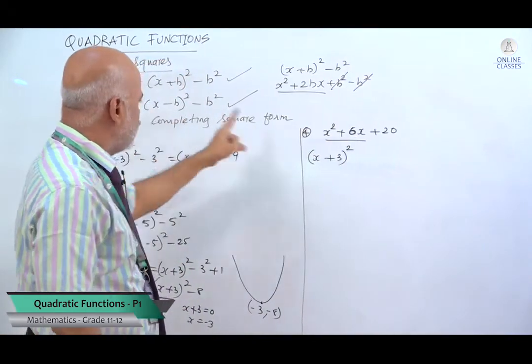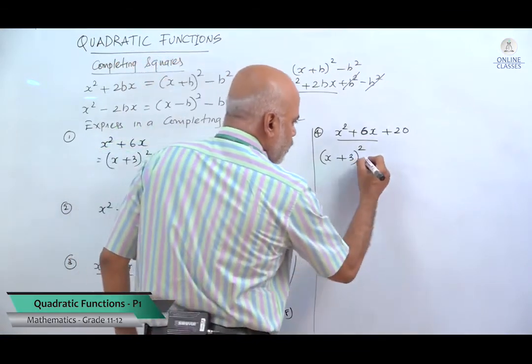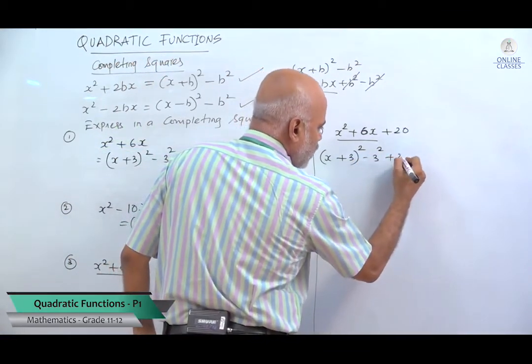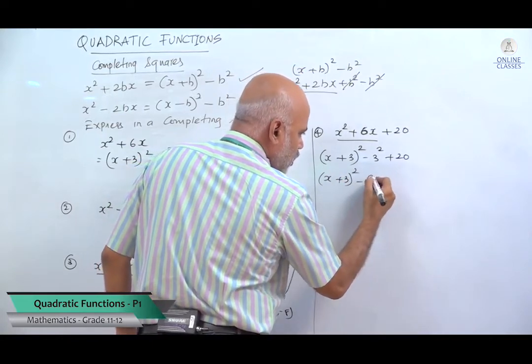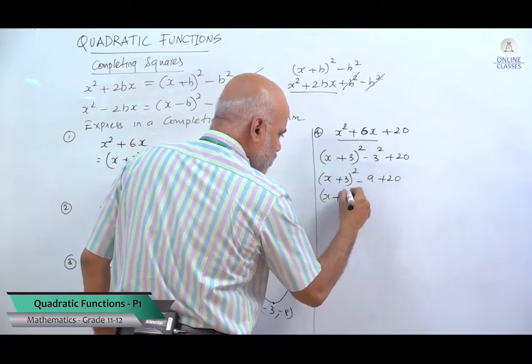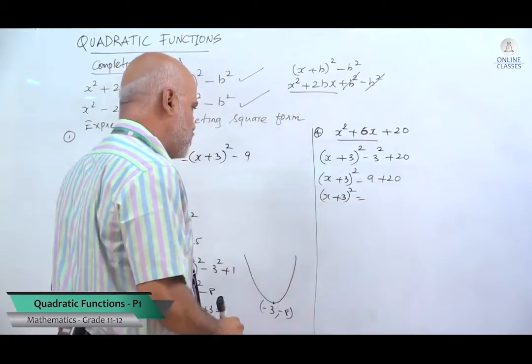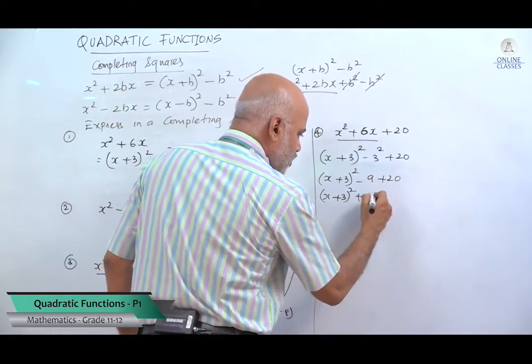So 2b is 6, b would be 3. So plus 3 here, minus 3 square, already 20 is out. So x plus 3 the whole square, minus 9 plus 20. What happens now next? 20 minus 9, that will be plus 11.